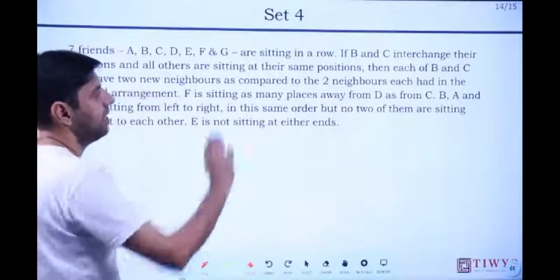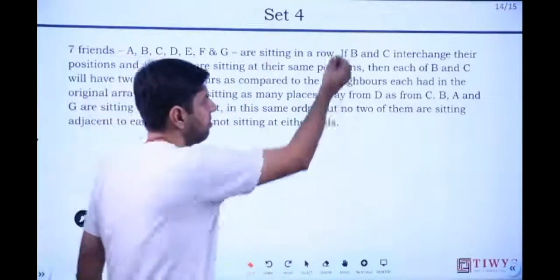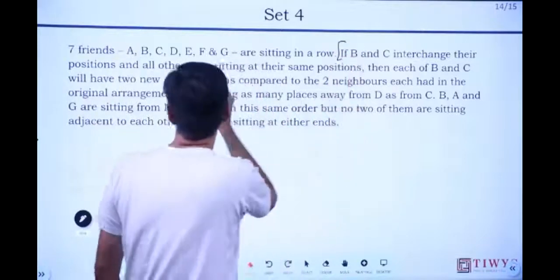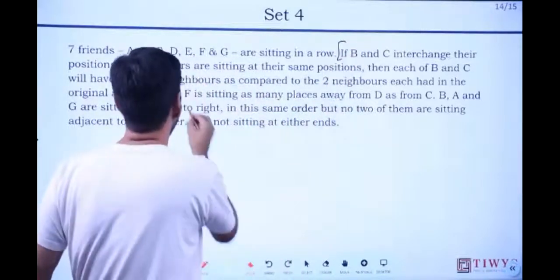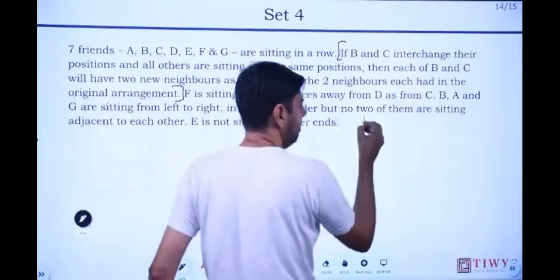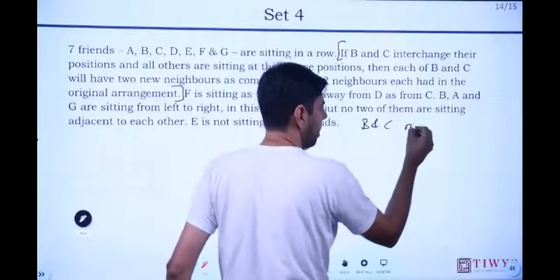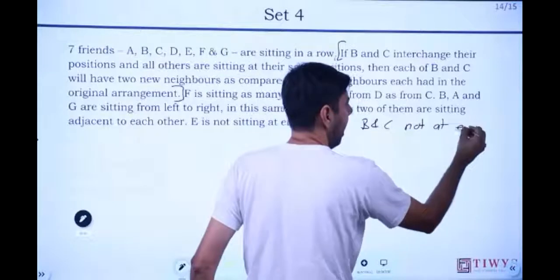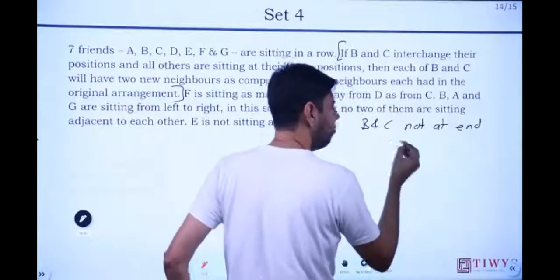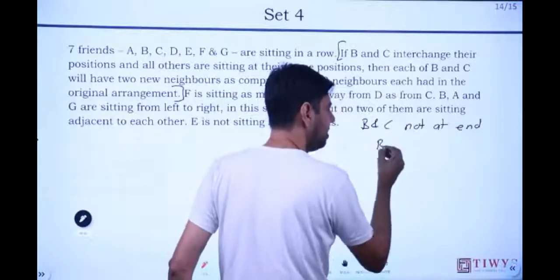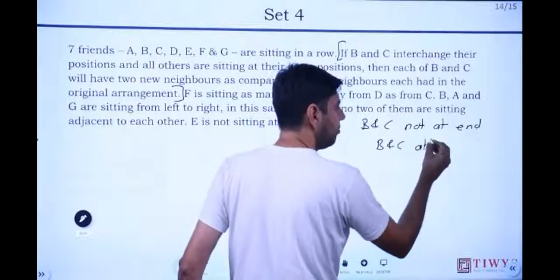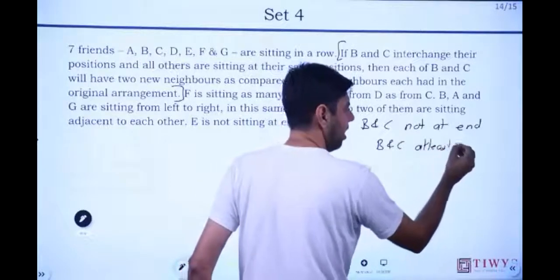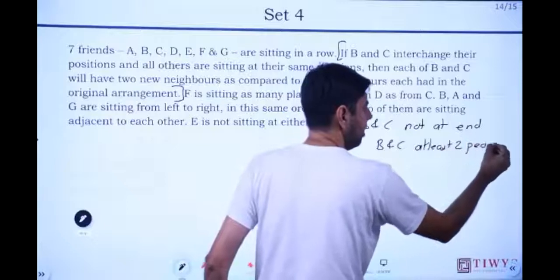So first, B and C are not at the ends. From the first clue, we get B and C are not at the ends, and they cannot be adjacent. B and C need at least two people in between.